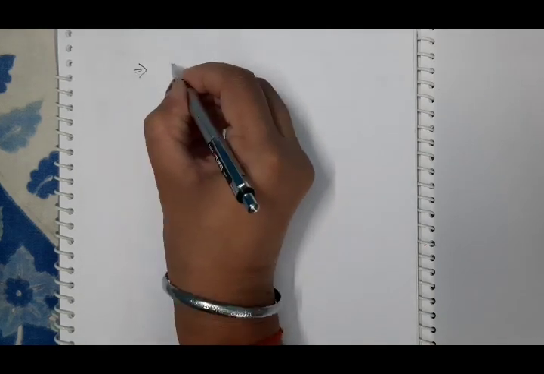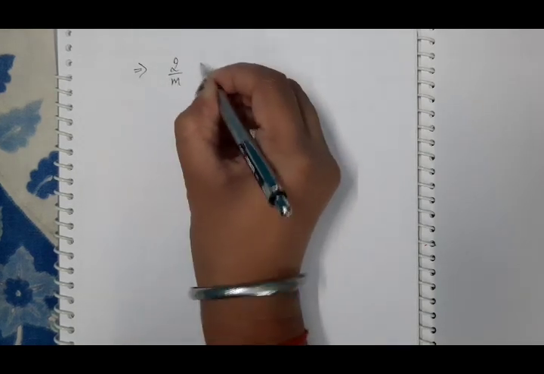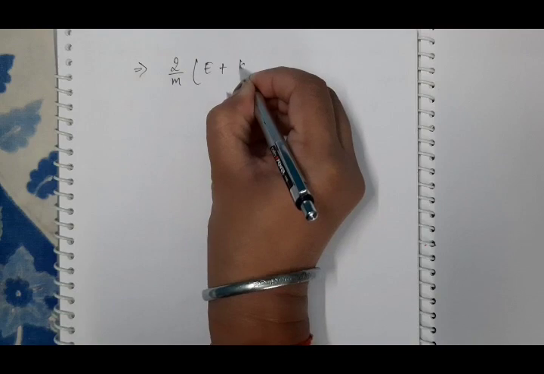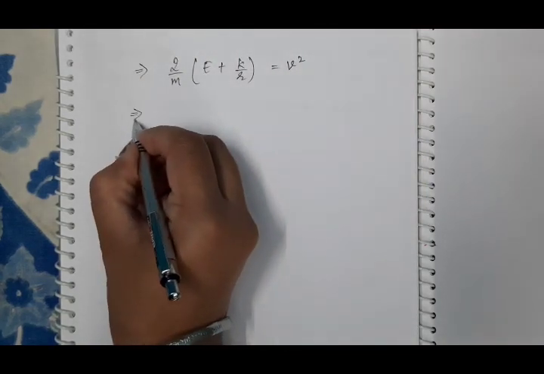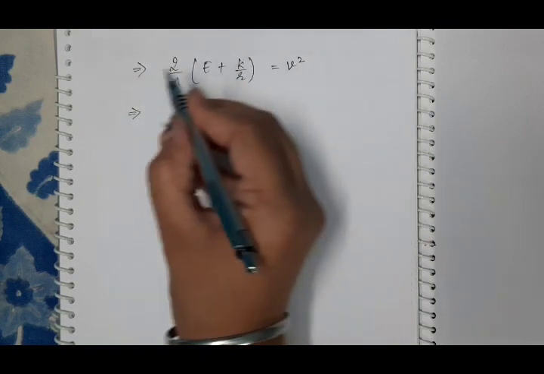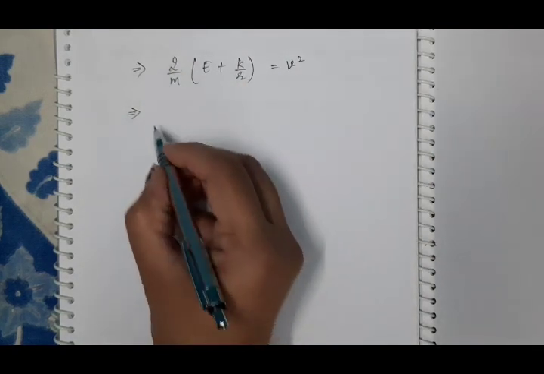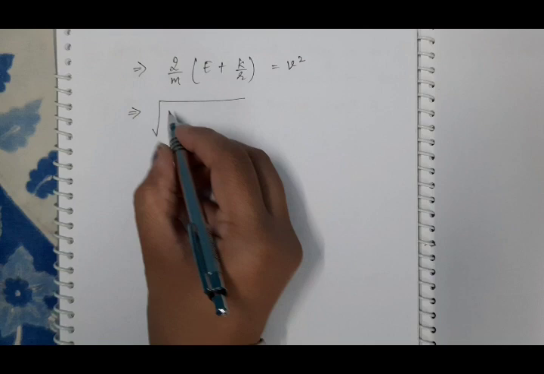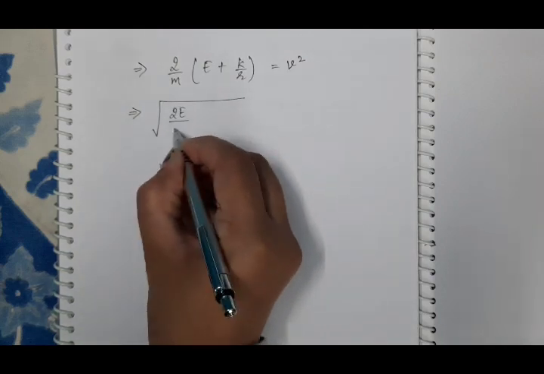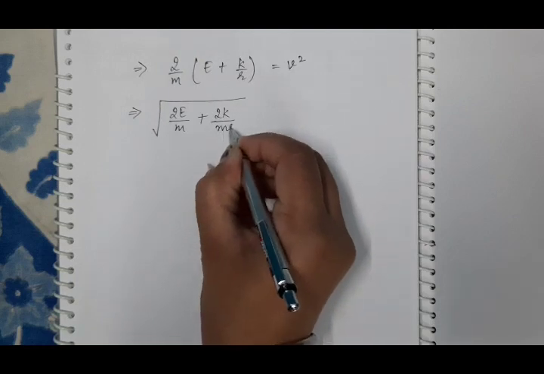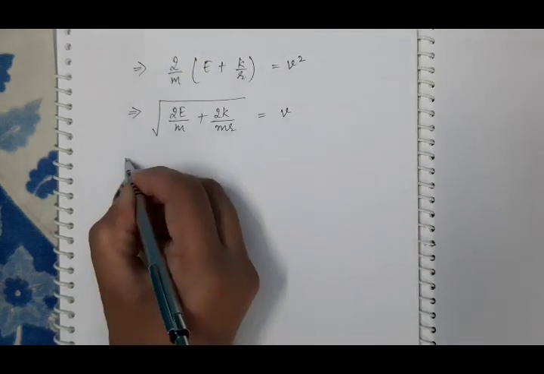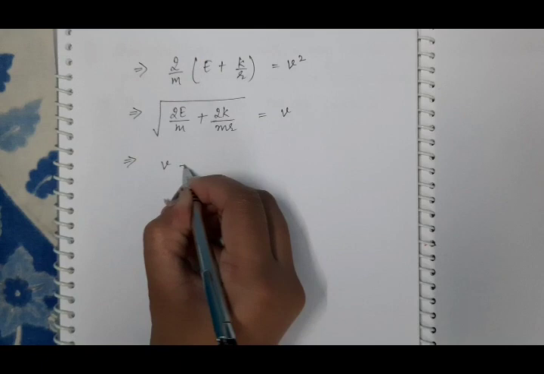So we will get 2 by m into E plus k by r, equal to v square. Now this square will become square root on this side. So square root of 2E by m plus 2k by mr is equal to v. Now see the expression which we have to prove.